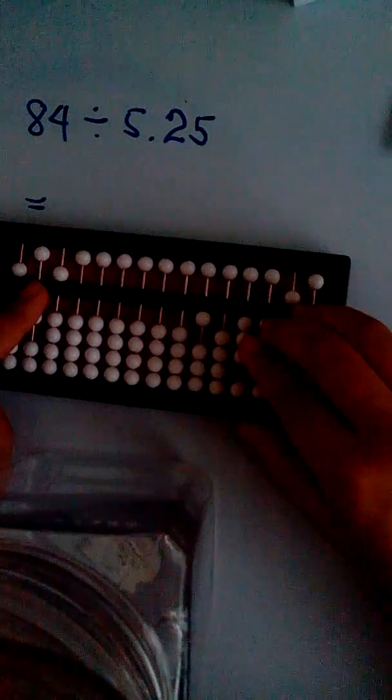So 25, another 25 is 50, another 25 is 75, another 25 is 100, another 25 is 125, and the last 25 is 150. So 6 25s to become 150. So it's enough. So our quotient now is 6.